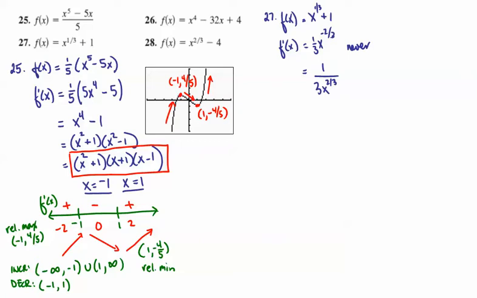A rational function is 0 when its numerator is 0, but x equals 0 is a critical number, because at x equals 0, f prime of x does not exist. And so that is our one critical number in this case, and we'll go ahead and make our sign chart.